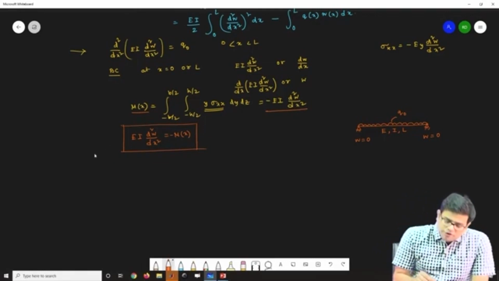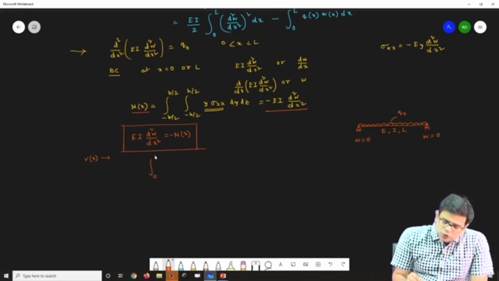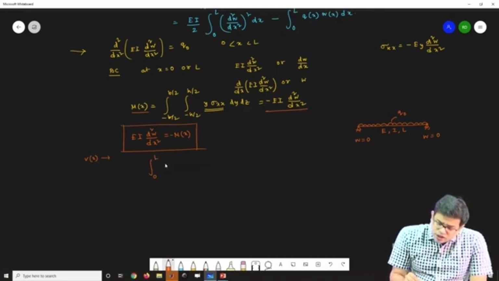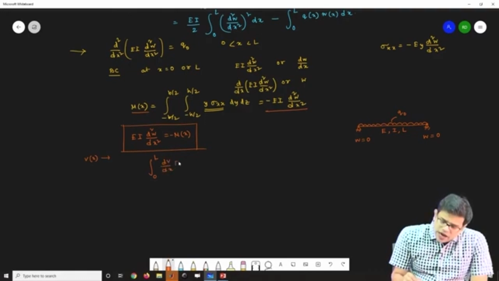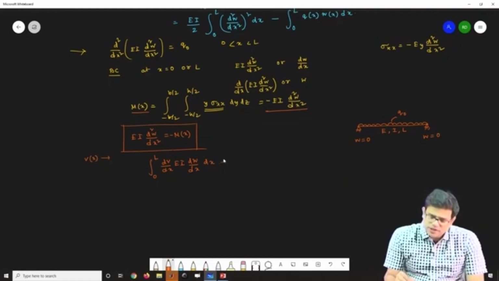So the weak form, if I choose v as my weight function, then the weak form looks like this. So integral 0 to L, dv/dx into EI and then dw/dx into dx, and then this is the forcing term that will come into the picture.